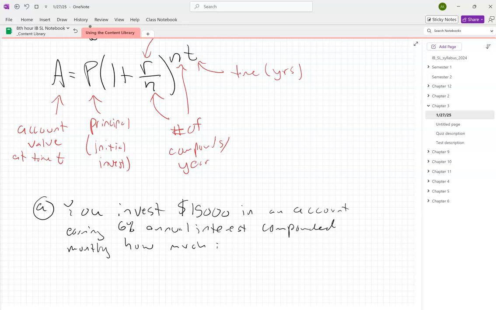How much is the account worth in 20 years?